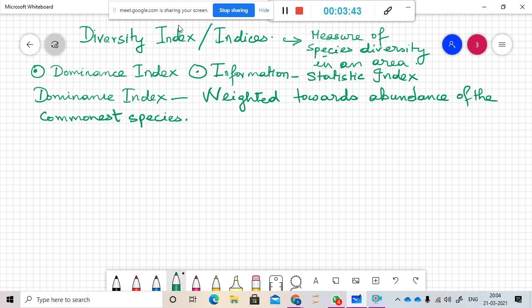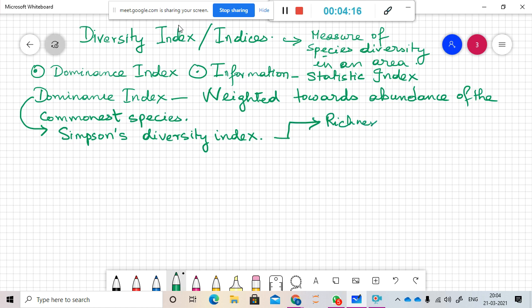So among these, a widely used dominance index is the Simpson's diversity index. This Simpson diversity index takes into account both the species richness and species evenness.